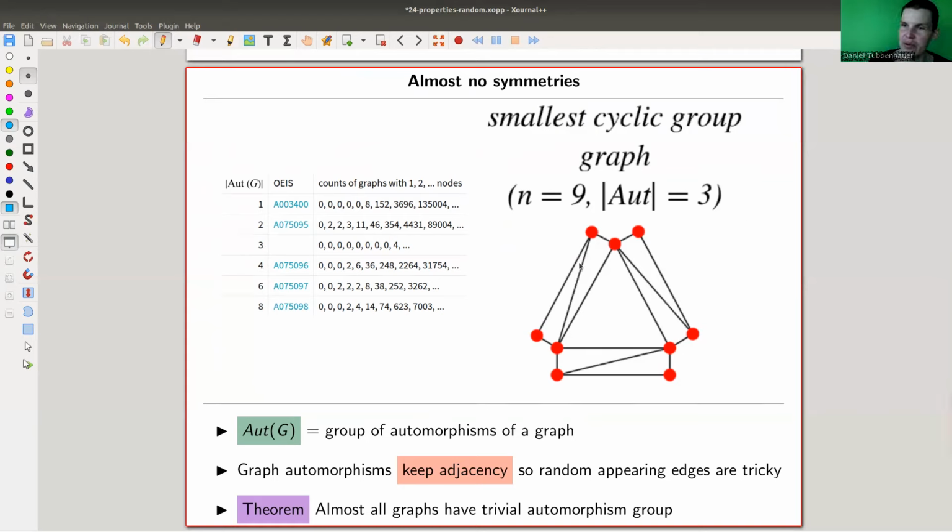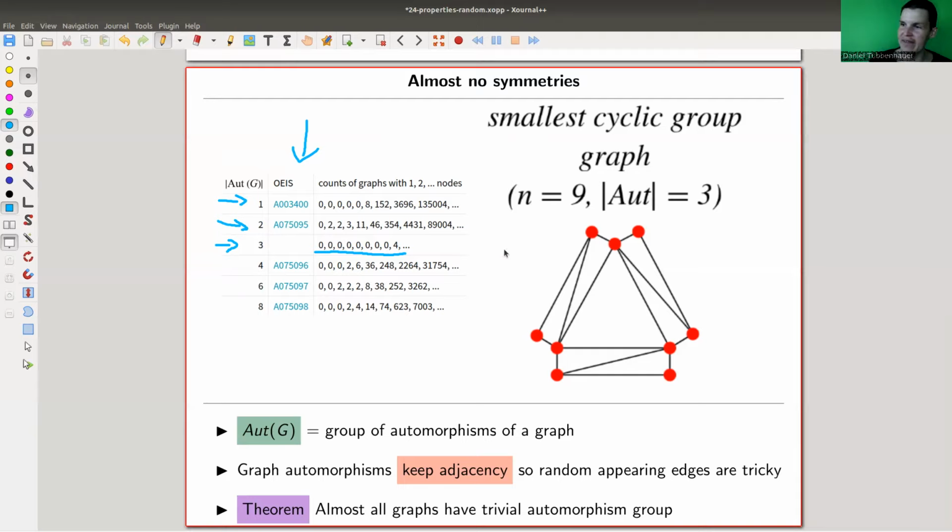So for example, this is a really nice table. The size of the automorphism group is trivial, or of size 2, size 3, whatever. And as you can see, 3 is really difficult to satisfy, right? We count the number of graphs with that automorphism group, but it starts off as 0, 0, 0, 0, 0, 0, 0, 0. And I don't guarantee that I got all the zeros correct here.